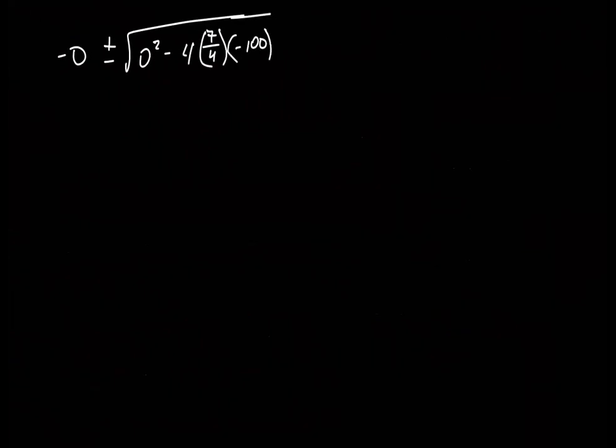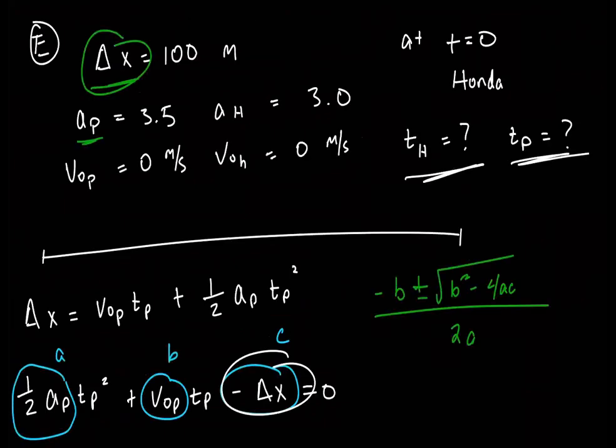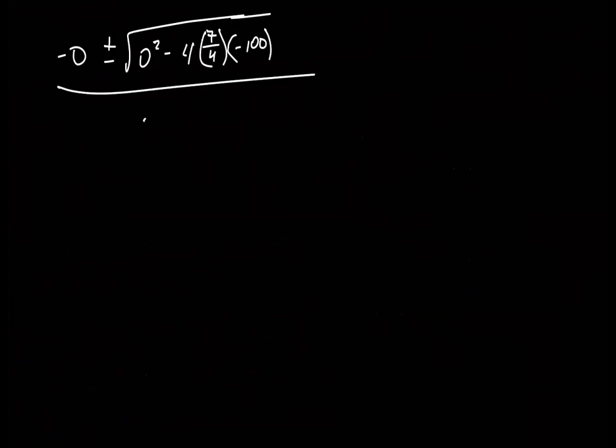That's a good sign because this is called the discriminant, and the thing under the square root better be positive, or I have to restart because I didn't do it right. And then 2 times 1/2 times a, which is 3.5 or 7/2. Those go away. Hooray for us. We can cancel out the 4s. So it looks like the square root of 700 divided by 3.5.